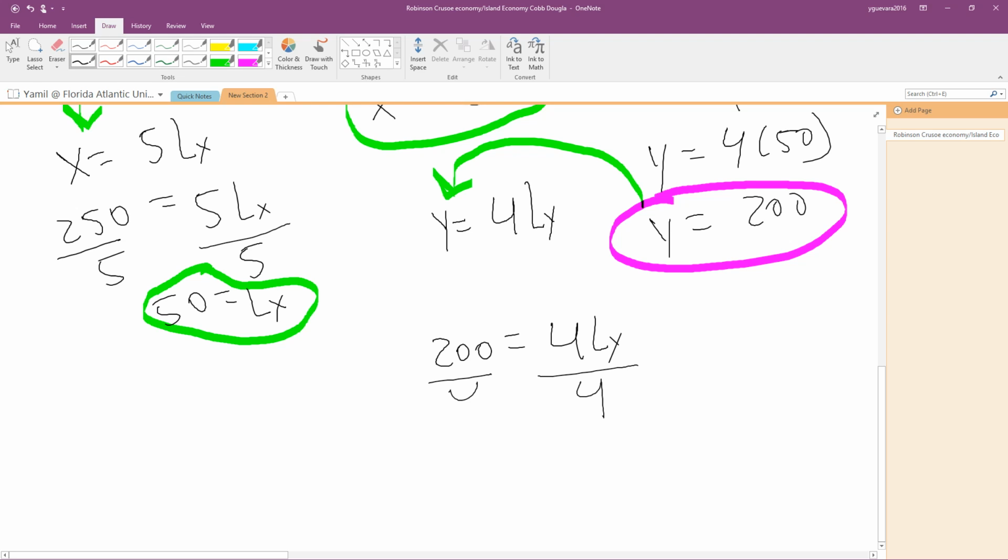Guess what? Now, in order to maximize the utility of this consumer, we need to allocate 50 units of labor for good Y and 50 units of labor for good X. So pretty much you gotta divide the units of labor equally between good Y and good X to maximize the utility of this consumer.